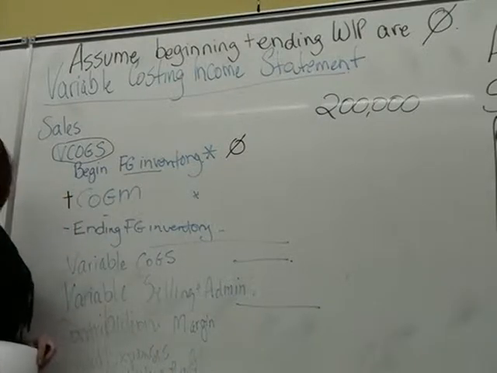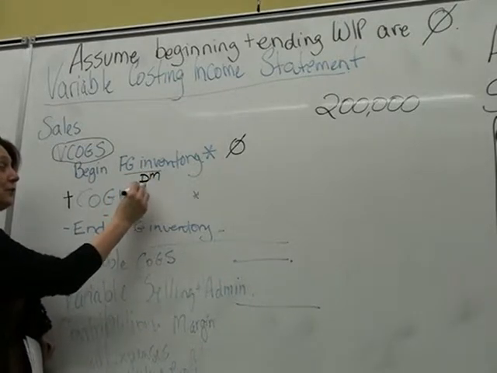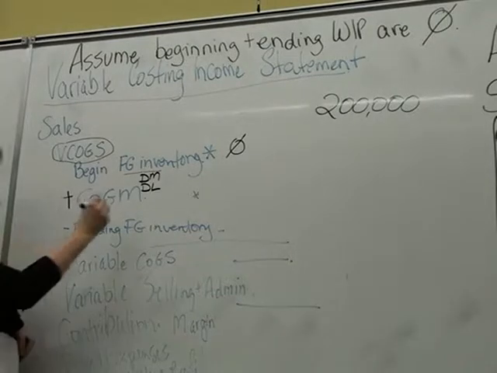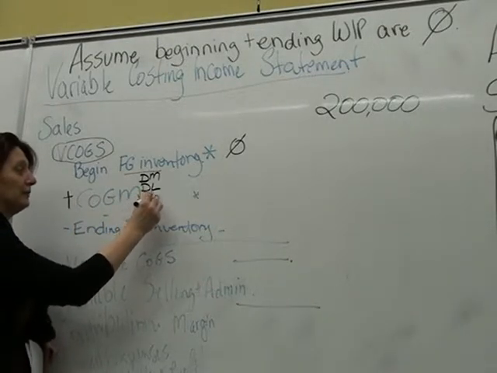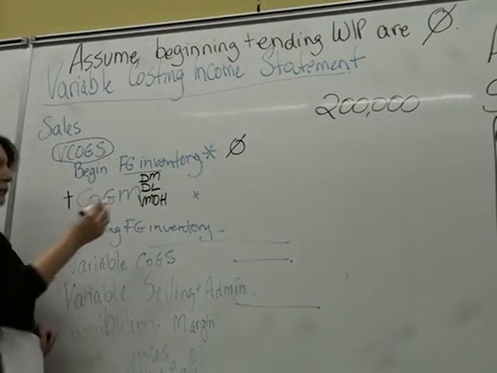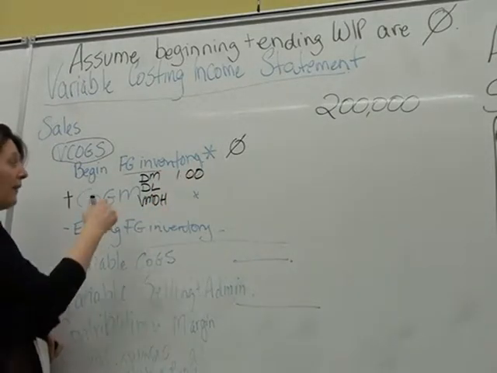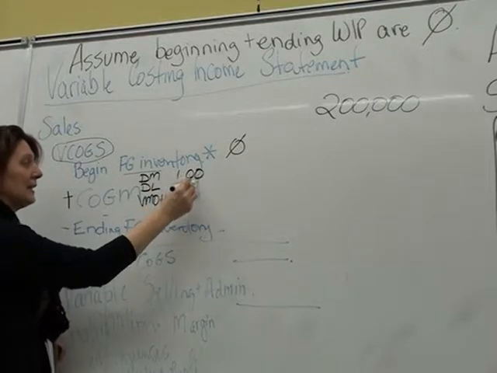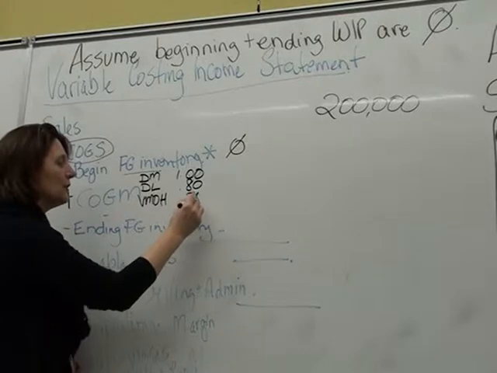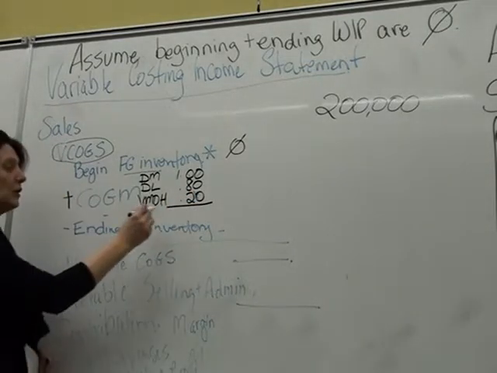You've got only variable costs, right? So you've got your direct material, your direct labor, and then what else goes into that? The variable manufacturing overhead. So in our question here, the direct material variable cost was $1 per unit. The direct labor was 80 cents and the variable overhead was 20, right? So the variable manufacturing costs per unit are $2.